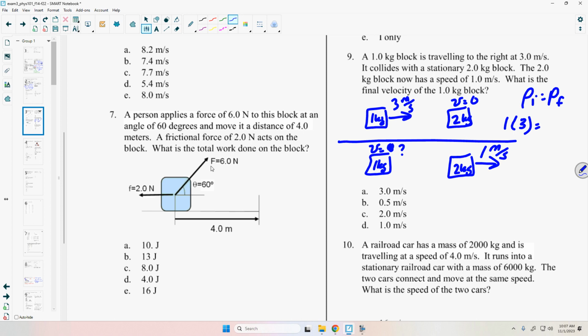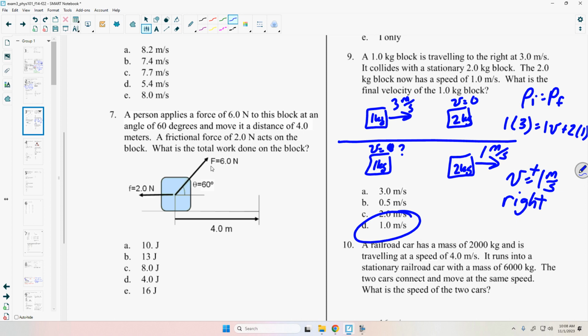What is the v? 1 times v plus 2 times 1. So that's 3 minus 2 is 1, so v is equal to 1 meter per second. So D is the right answer. 1 meter per second, actually positive, that means it's to the right. I don't ask that here because I'm just asking for the speed, or I asked for the velocity, but it's positive 1 to the right.